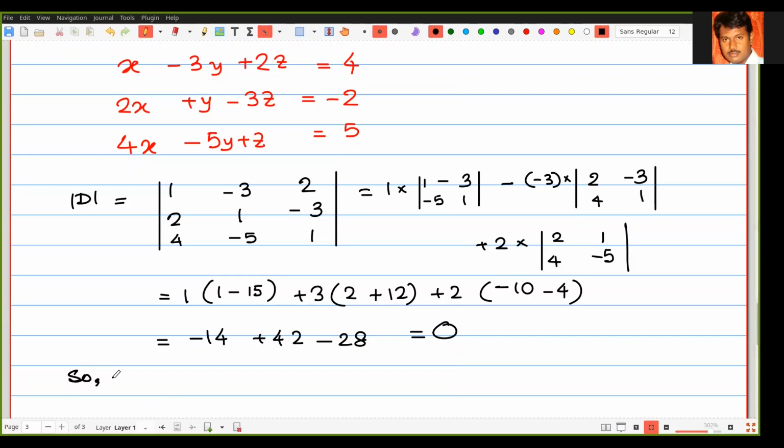So as the value of the determinant of the coefficient matrix is equal to 0, we cannot proceed with Cramer's rule.